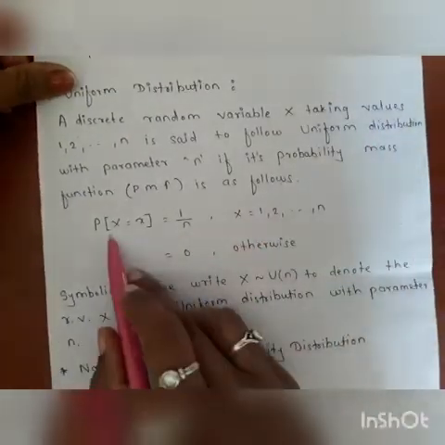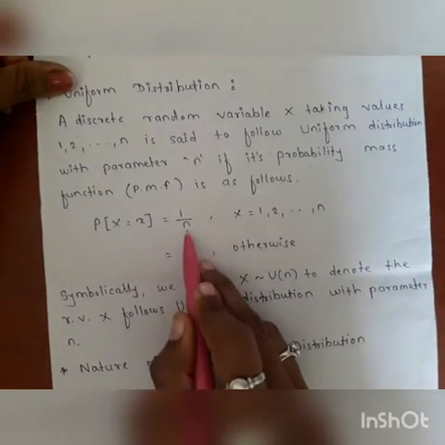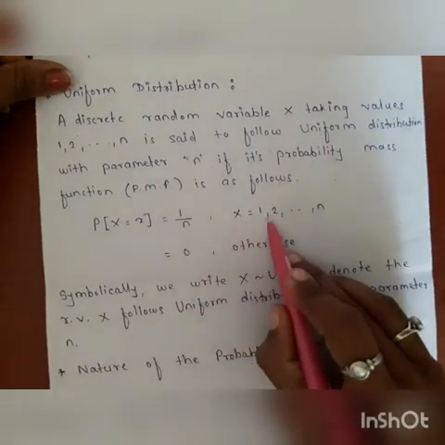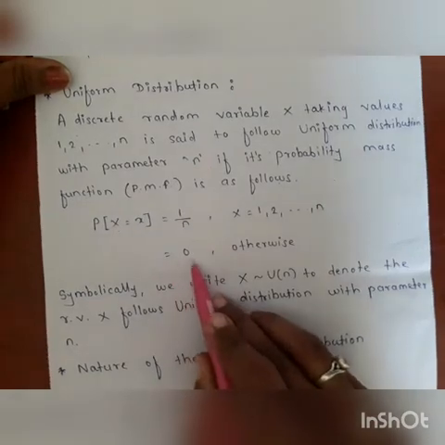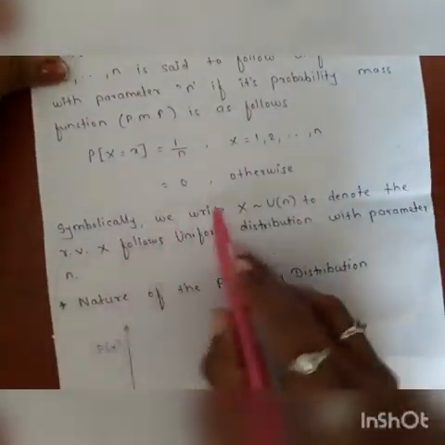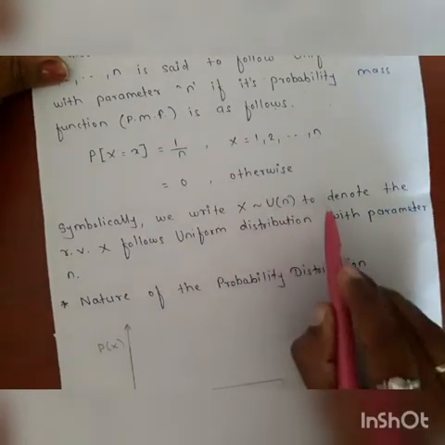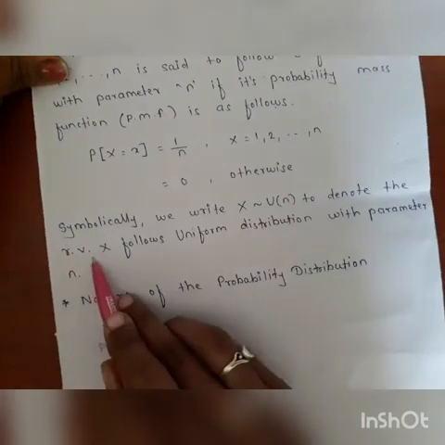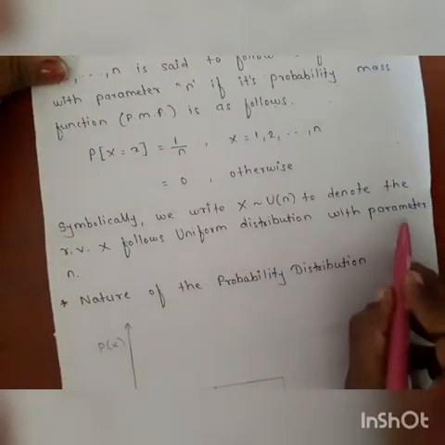P of capital X equal to small x is equal to 1 by n, where x is running from 1 up to n, and equal to 0 otherwise. Symbolically, we write X related to U of n to denote that the random variable X follows uniform distribution with parameter n.